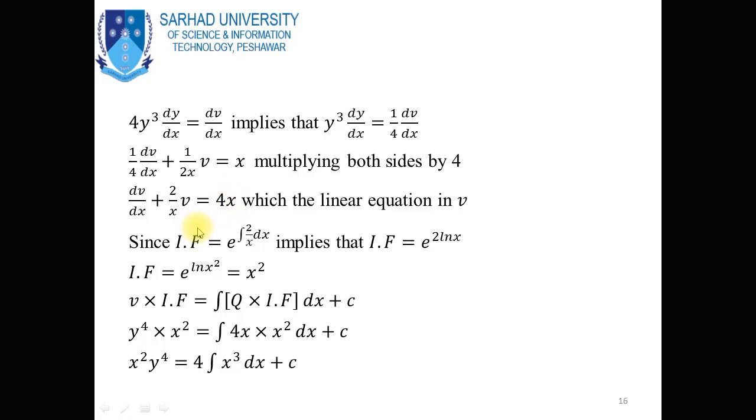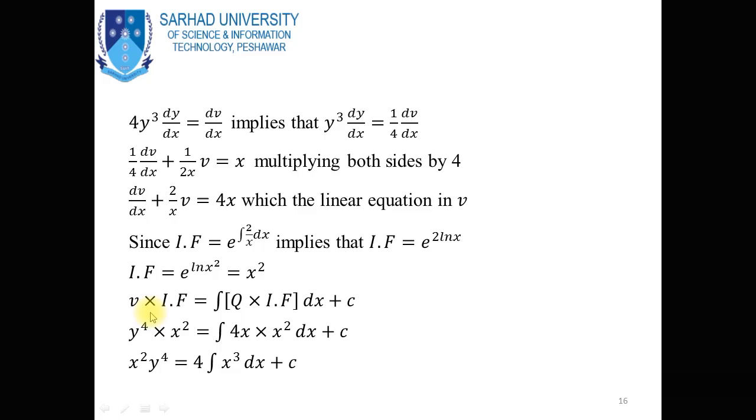So first of all, to find the integrating factor by using the formula e power integration of p function, 2 by x is the p function, integration of 2 by x with respect to x, which implies that the integrating factor is equal to e power 2 natural log of x, which can be written as e power natural log of x square, and this implies that the integrating factor is x square.